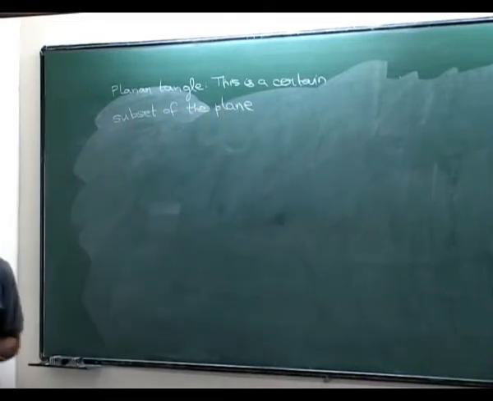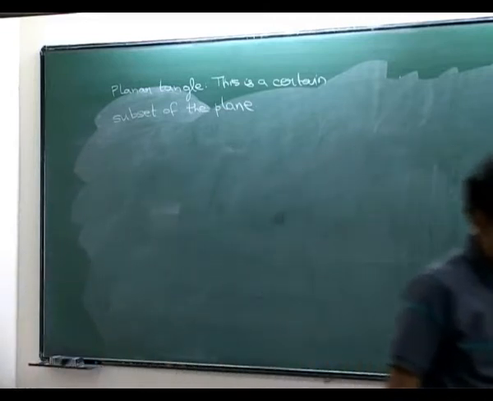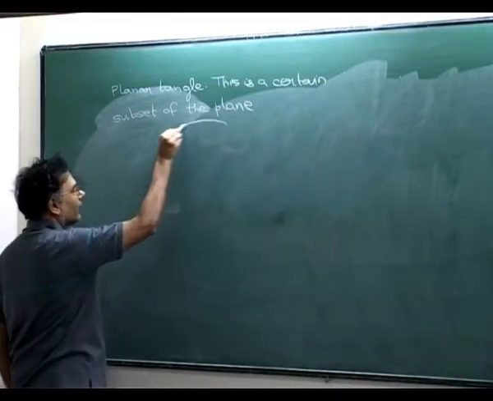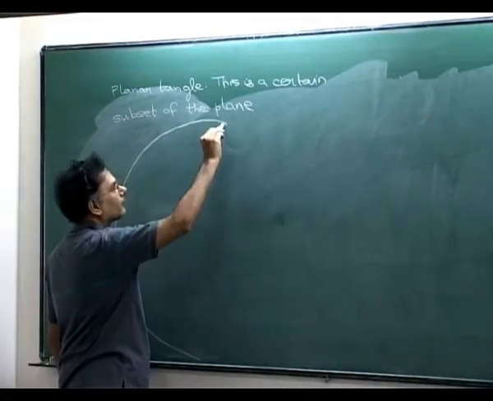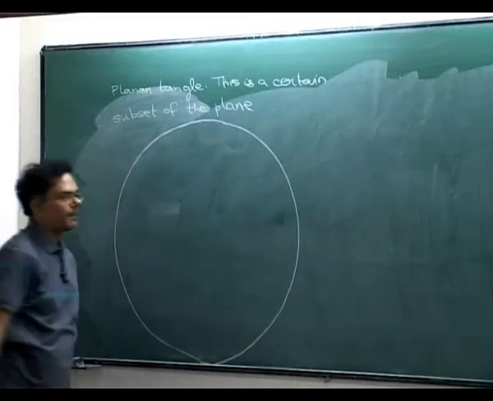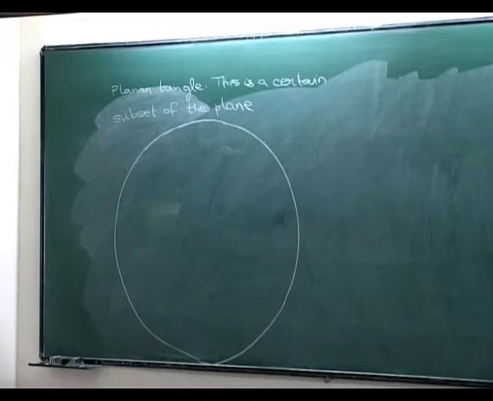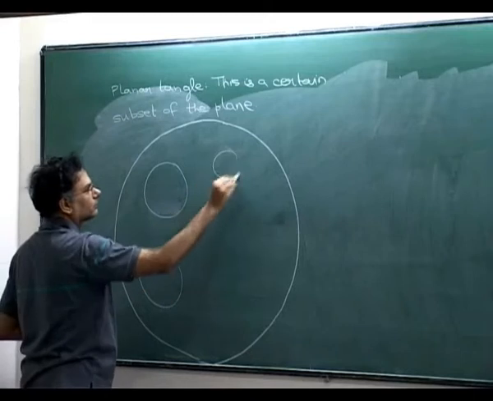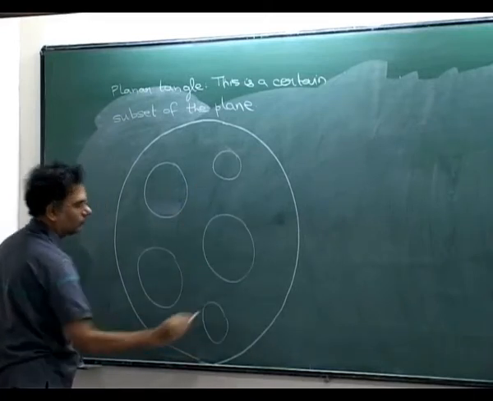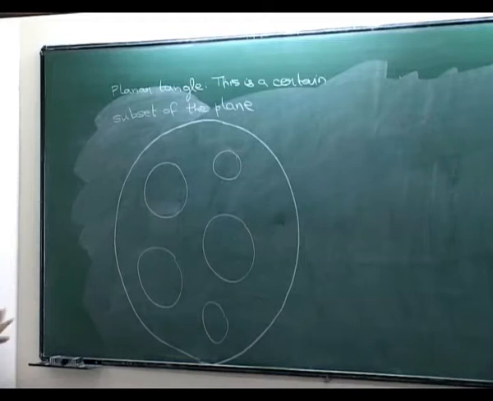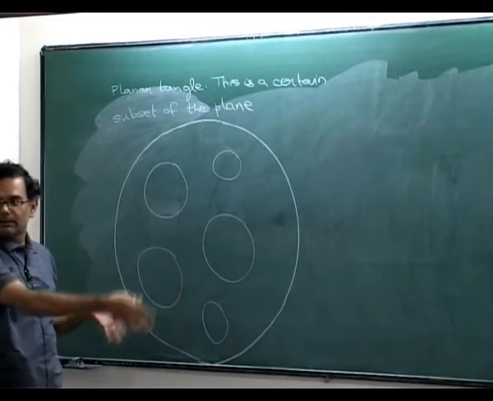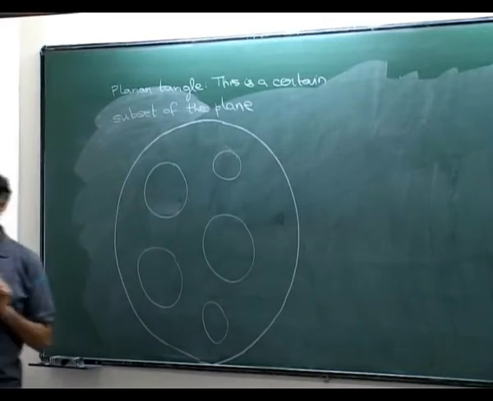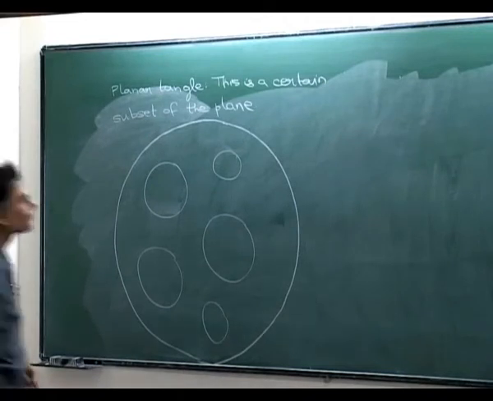So the kind of subsets that we are interested in arise in the following way. You take one big disk in the plane. Let me draw it big. And inside this big disk, you take several smaller disks. Okay. So punch all these disks out and look at what remains, right? So you have this whole thing minus these holes, these 5 holes, right? So that is the subset of the plane that I am interested in.